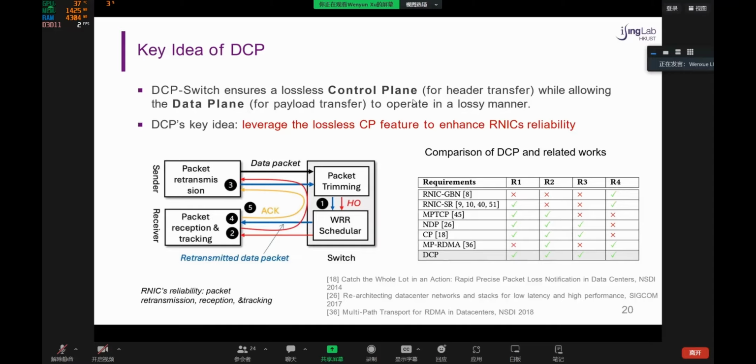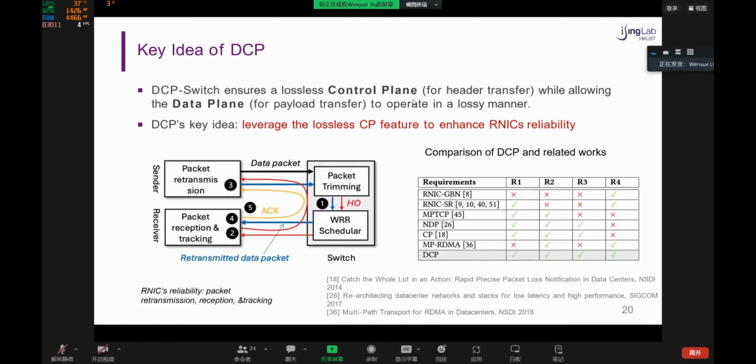Actually both NDP and CP, citation 26 and citation 18, utilize the packet trimming function in the switch, and CP also uses the trimmed packet's header to do loss recovery, while NDP is designed for receiver-driven CC.